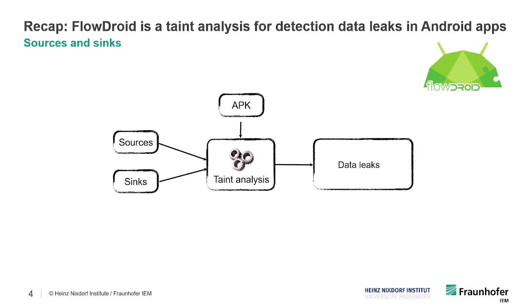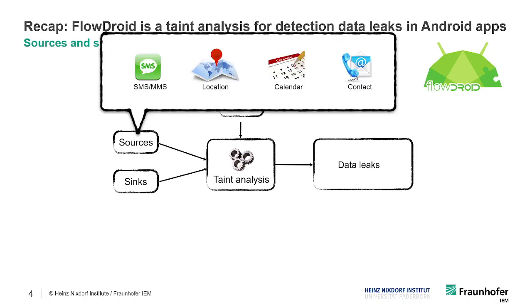As you see, FlowDroid is specific to Android and it is only configured to work at the moment for data leaks problems. And what defines this as a security issue is actually how we choose the sources and sinks.